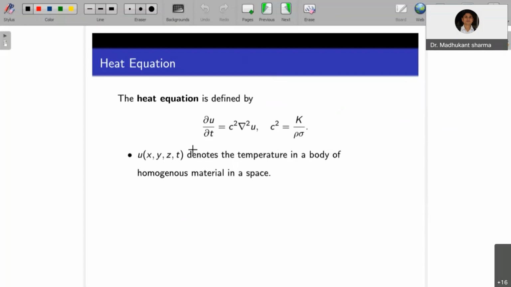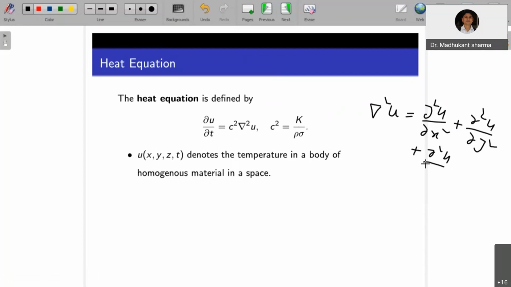So del square U is nothing but dou square U by dou x square plus dou square U by dou y square plus dou square U by dou z square. Means in the space direction, you have all the second order derivatives except the time one.